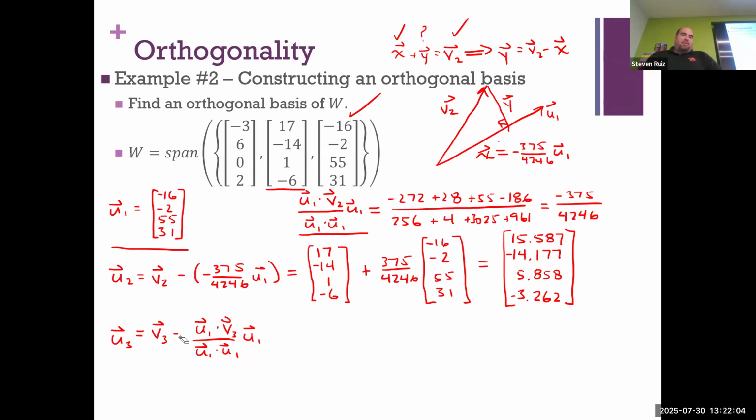So I have to do a similar subtraction with respect to U2. So I want to find the part of V3 that's parallel to U2, and remove that as well.